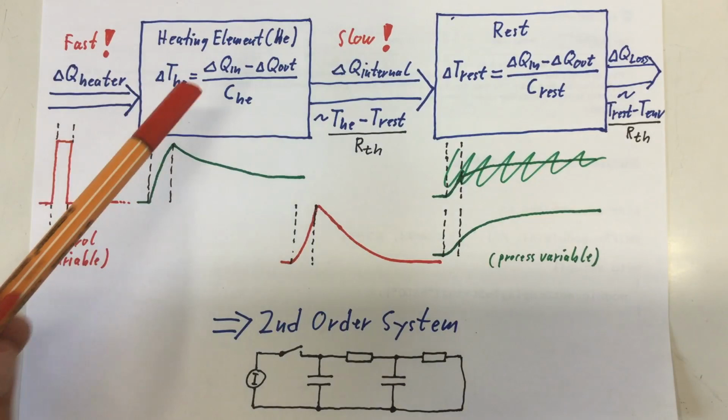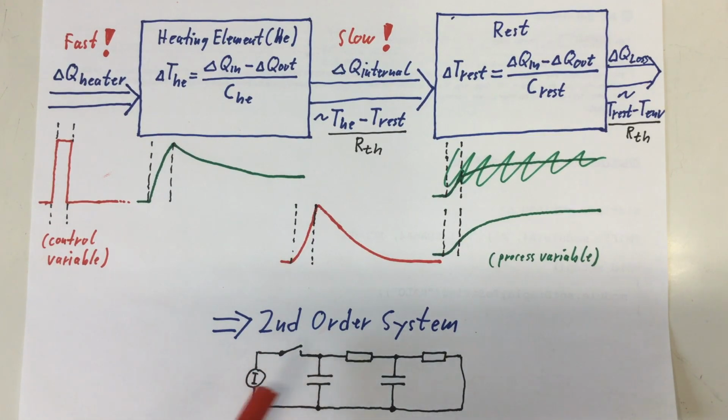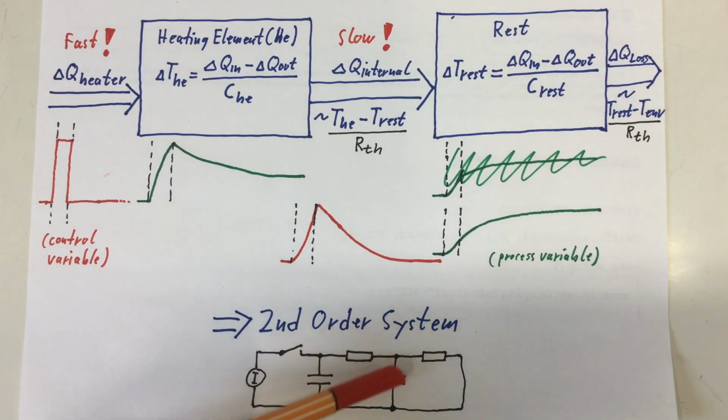And if we would draw that as an electronic circuit, as you're familiar with, our electrical power heating up the heating element would be a constant current source which we can switch on and off, and that would charge a first capacitor. And that capacitor, charged to a few hundred volts, would slowly charge the other capacitor, which would be much larger, to an obviously much lower voltage. And in addition, we have, of course, our losses here to the environment.